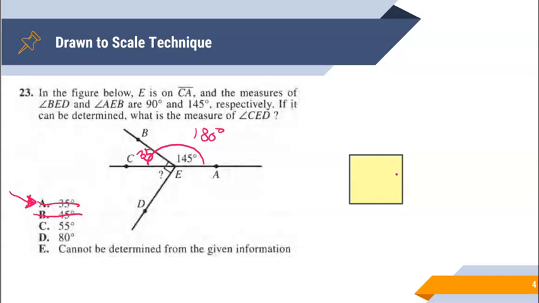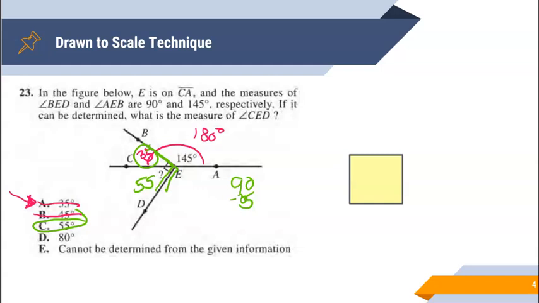So I'm glad we eliminated the answers that couldn't be correct, so we won't fall for that mistake. Now, I do notice that this angle here is 90 degrees. If this angle is 35, and I subtract that from 90, we will wind up with 55, which is the correct answer.